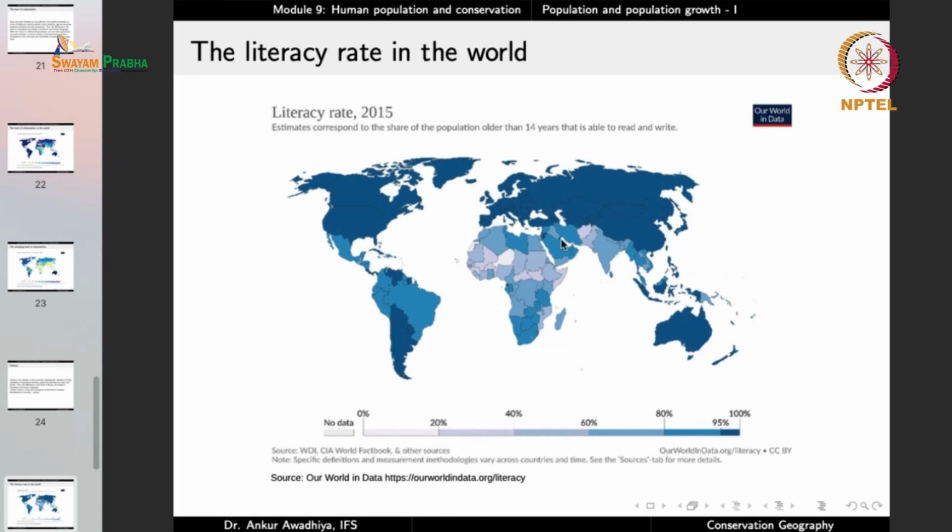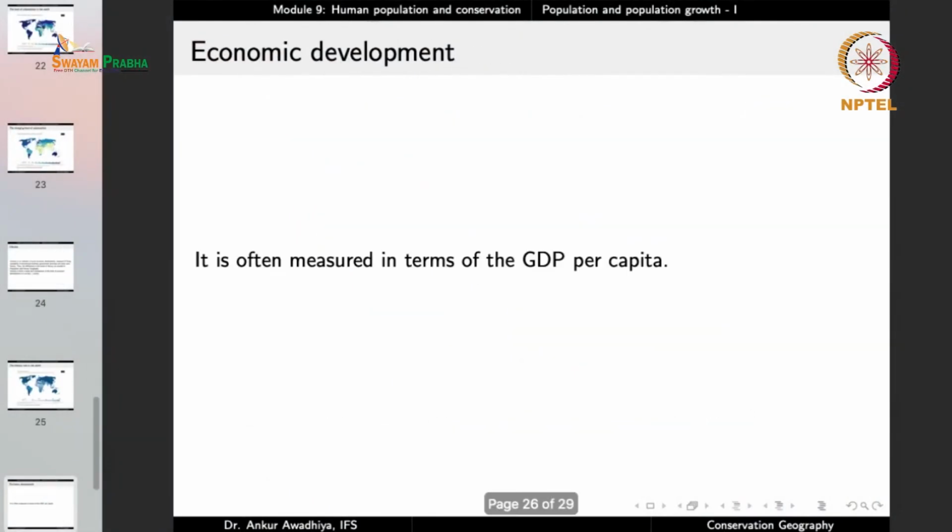Whereas there are certain portions where you have low literacy. Now typically you can also observe that the areas that have low literacy are also those areas where the level of socio-economic development is less, where the population growth rates are high, where the median population age is less, and so on. So it has a large amount of ramifications on a large number of population parameters of a country or a society. So it is a very important factor to be studied.